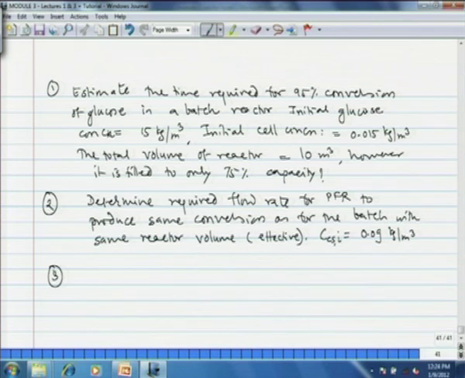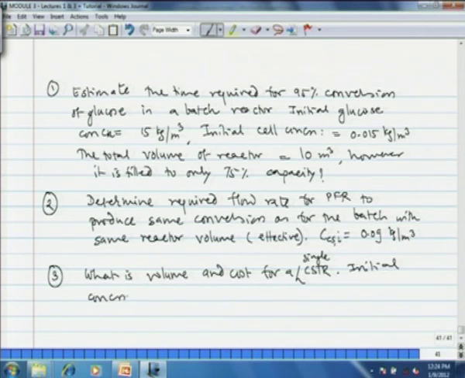And the third thing we have to answer is what is the volume and cost for a CSTR, continuous stirred tank reactor. Here we write single CSTR, we are going to use only one. Here the initial concentration of microorganism is again high. It is raised further almost 10 times to 0.95 kg per meter cube.